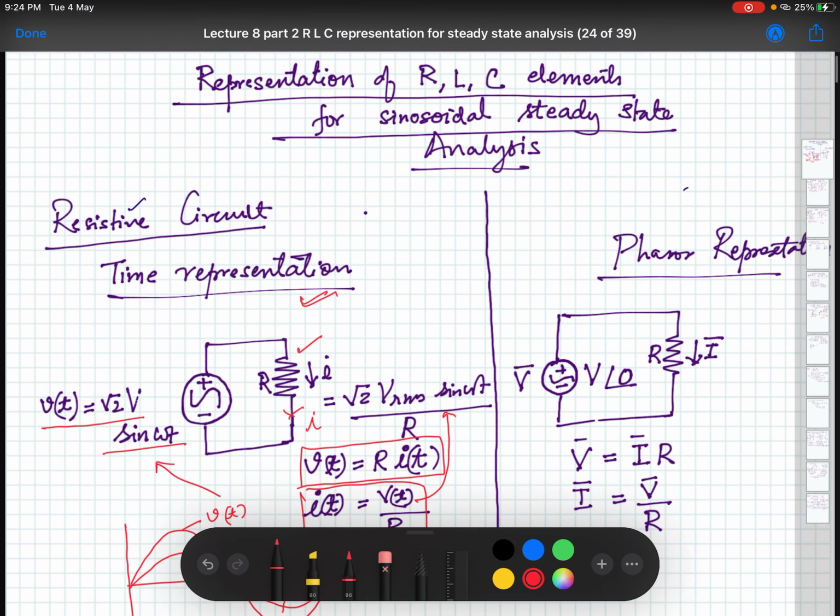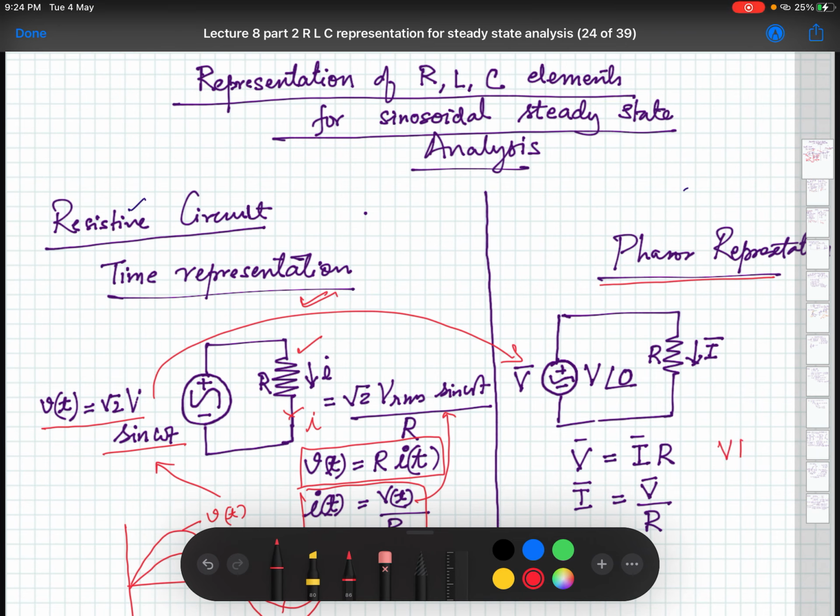Now let us see how we represent this in phasor form. Here the same voltage is represented by phasor V, or normally we'll call it V angle 0, because the phase is 0. V bar is V angle 0. Then this is the resistance, and let's say this is the current flowing.